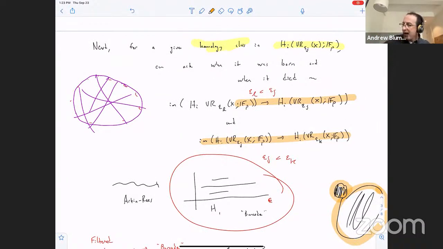It is not 100% obvious that you can do the linear algebra in a nice way so that you choose bases that make sense of this issue of computing lifetimes. It's asking you to choose consistent bases as epsilon varies, and it's not immediately obvious you can do that, but you can.